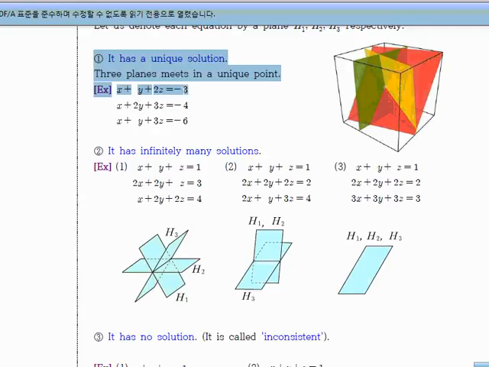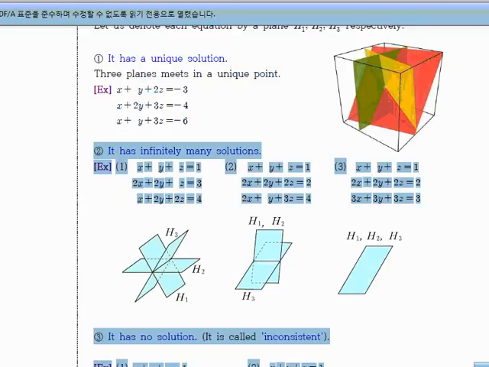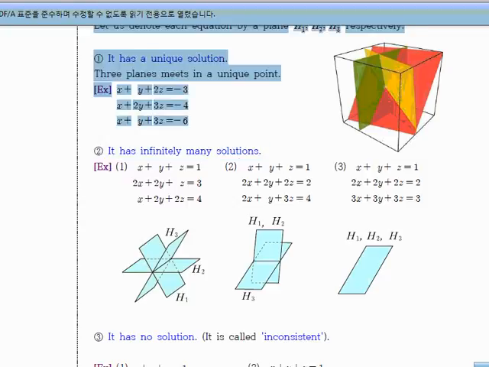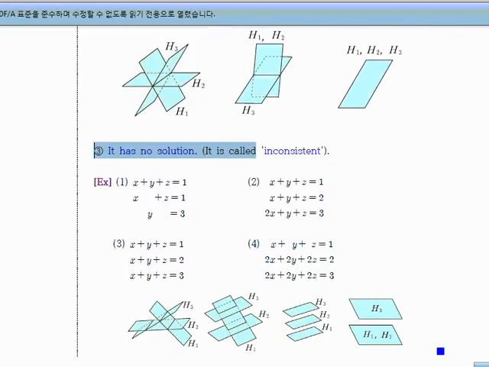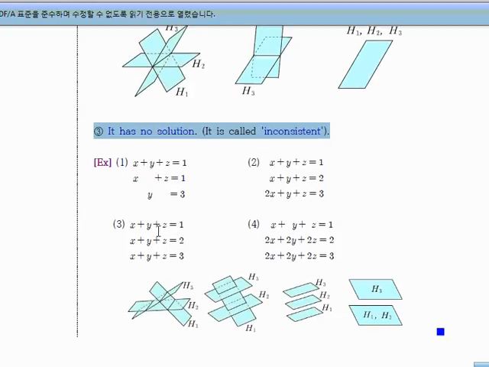One, it has a unique solution, one case. When the system has infinitely many solutions, there are just 3 cases like this. And the last category is the case of inconsistent, which has 4 different cases in R3 like this.